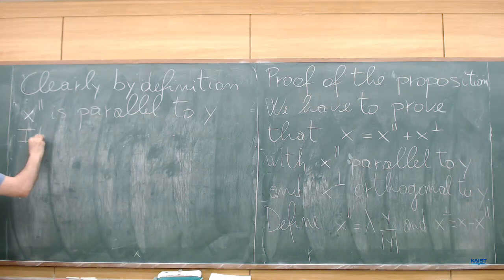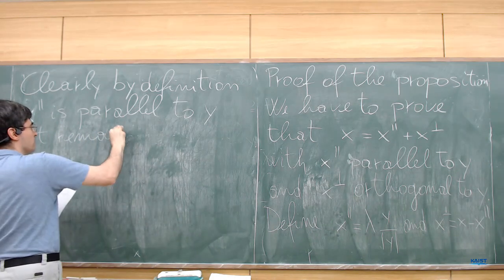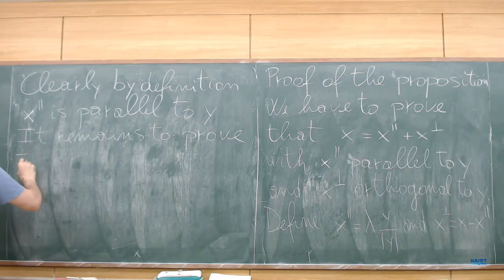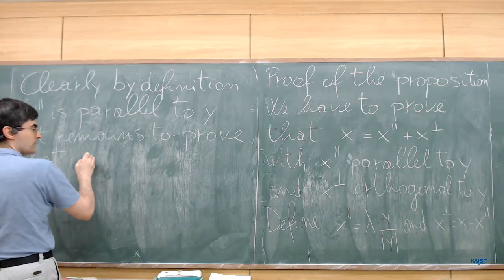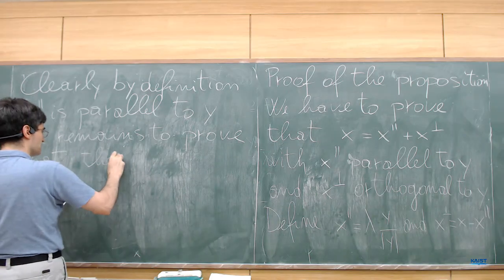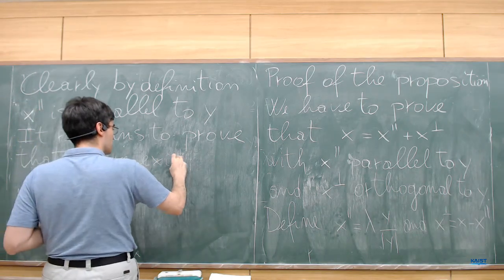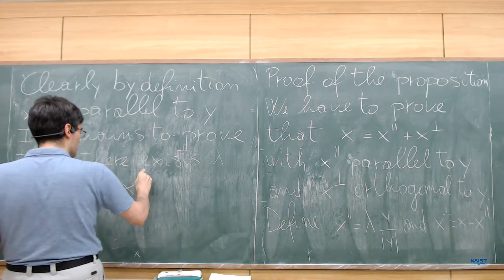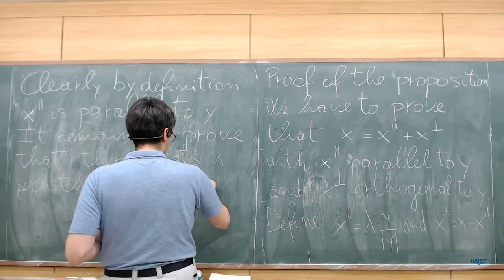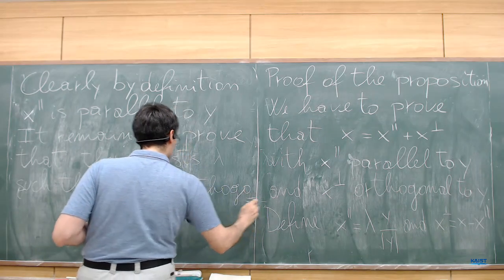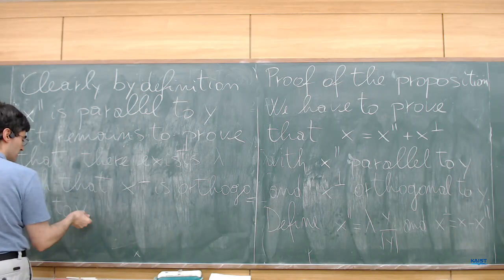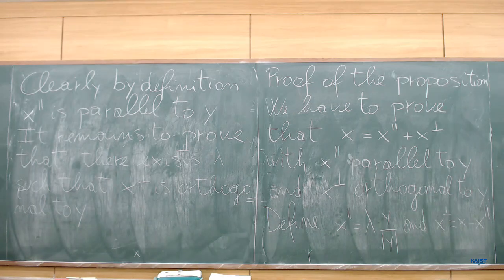It remains to prove that there exists lambda such that x orthogonal is orthogonal to y. Okay, this is very easy.